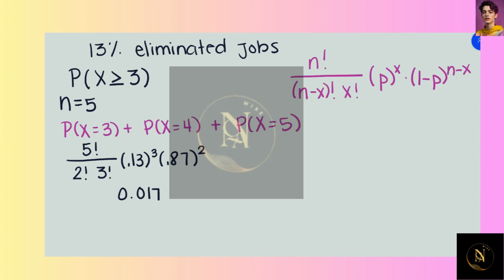So now let's do x equals 4. I do 5 factorial divided by (5 minus 4) factorial, which is 1, times 4 factorial.